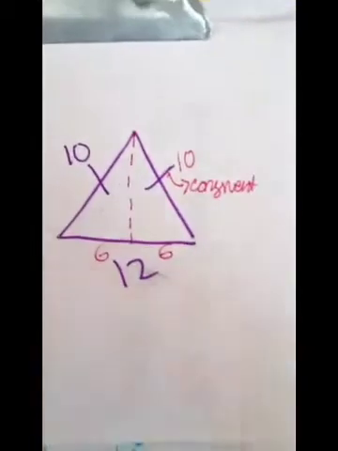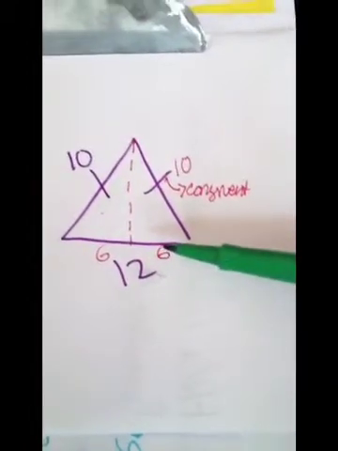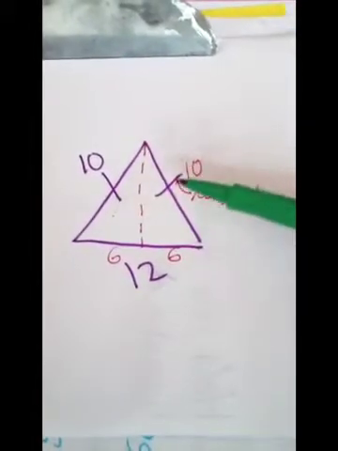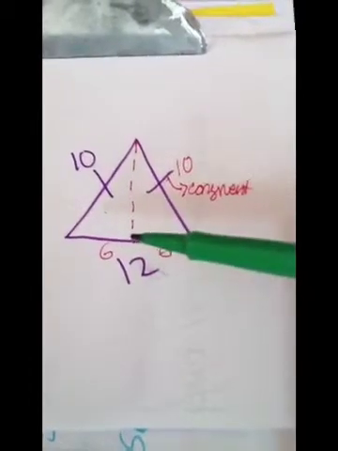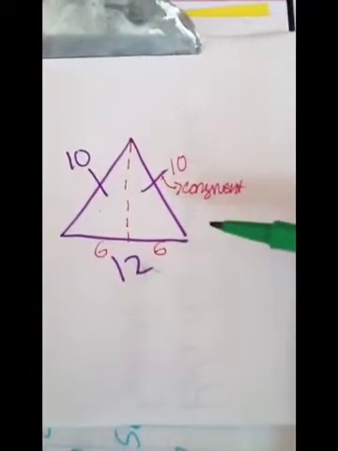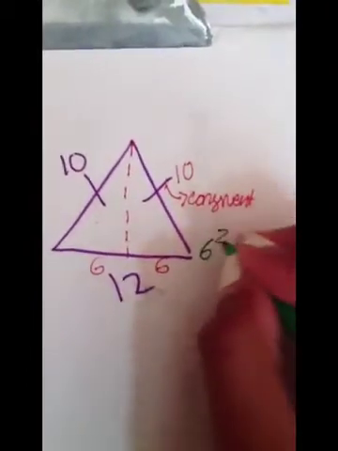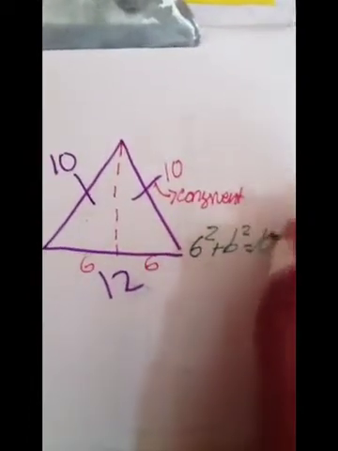Okay, so let's go back to the problem. Let's say this is a squared, b squared, and c squared. You do not know b squared, but you know the equation for the Pythagorean theorem. So what we're going to do over here is 6 squared plus b squared equals 10 squared.